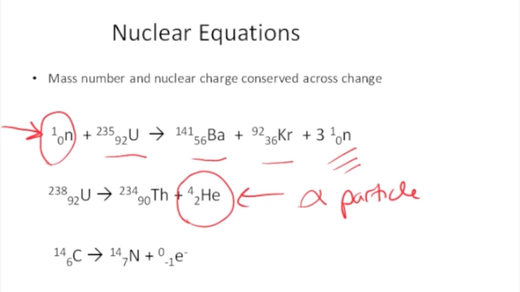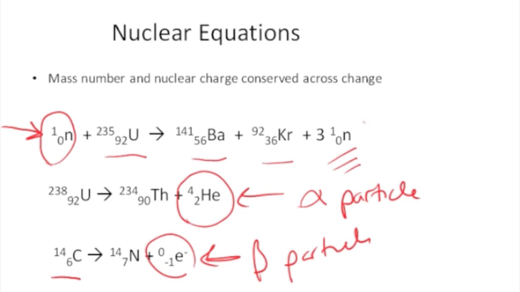And in this case, you can see carbon-14 splits off what is called an electron with high energy, and this is called a beta particle. So you can see the difference between the fission reaction and the decay reactions: in the fission reaction, in order to get it going, you have to initiate the reaction by supplying some neutrons. In these cases, it's just a spontaneous decay.